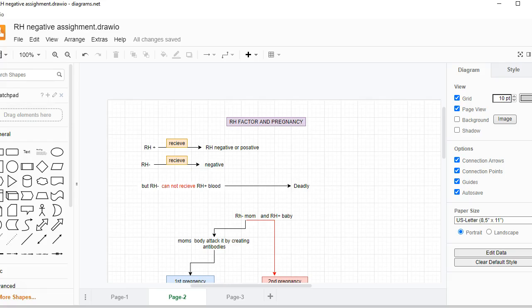If the mother is RH negative and the baby is RH negative, it's totally okay. But if an RH negative mother is having an RH positive child, that's basically deadly, not good.